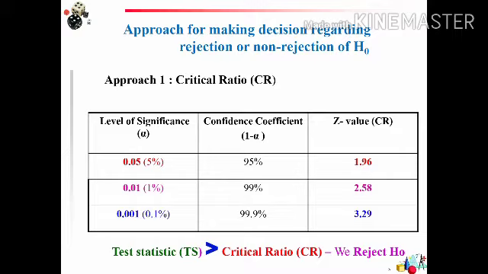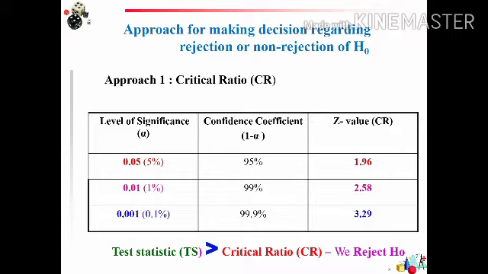When the level of significance is 0.05, it means that in the long run we reject a true null hypothesis 5 times out of every 100 times. This chance of rejection is known as the level of significance. That is, alpha equal to 0.05 means there is a 5% chance of rejecting the true null hypothesis.